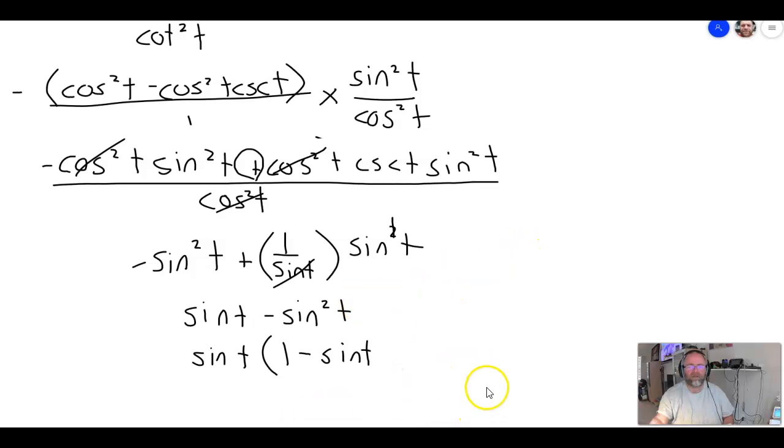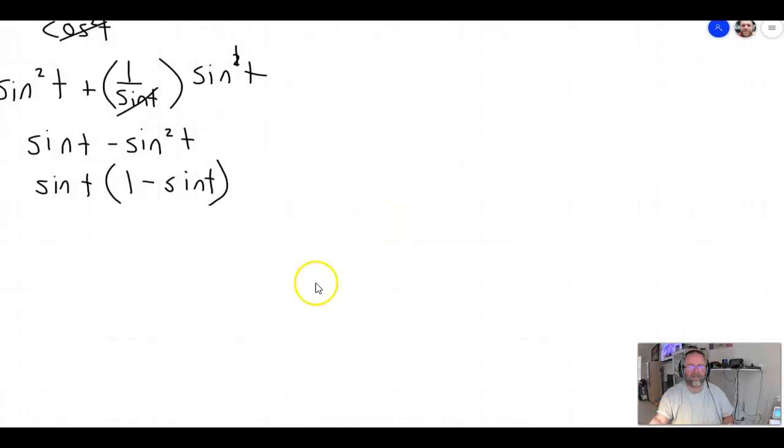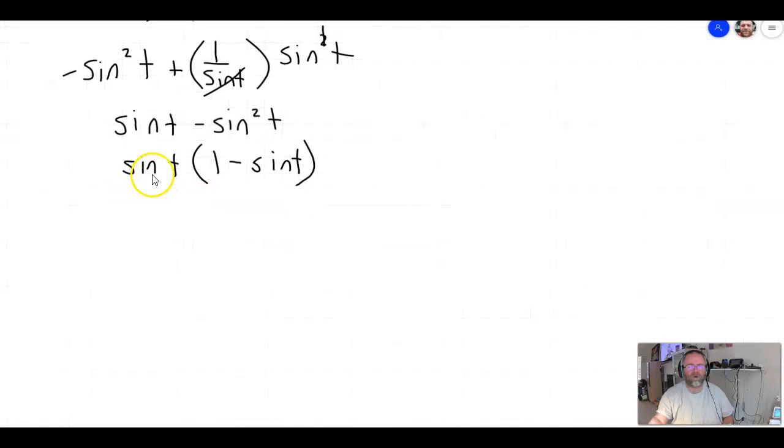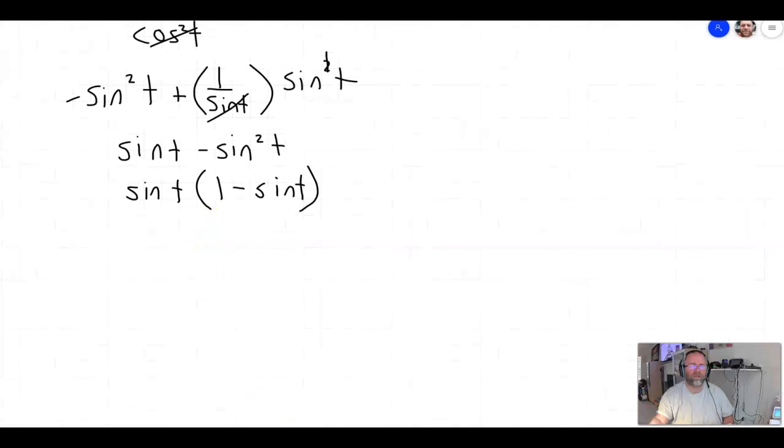And finally, I can write sine of t as 1 over cosecant of t. So this is 1 minus sine of t all over cosecant of t. And a little green check mark there.